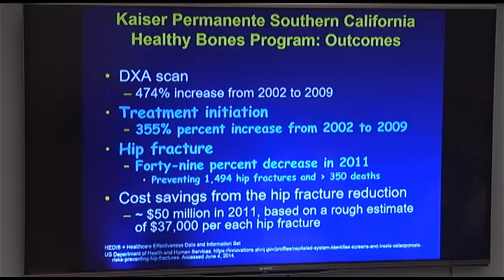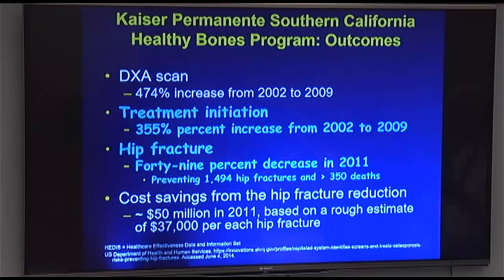So in this system, they found over that 7-year period a huge increase in the utilization of DEXAs, and concomitant with that, they initiated treatment by having the workup, including DEXA, a 355% increase in treatment initiation over this period of time.